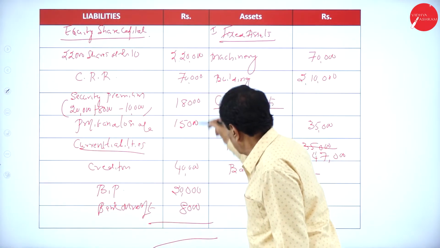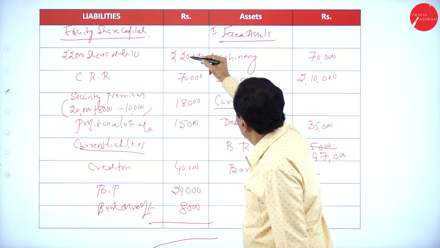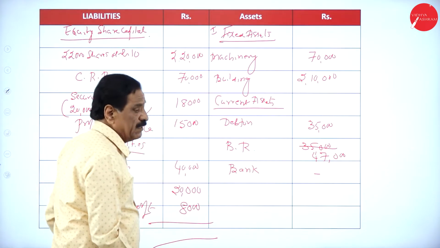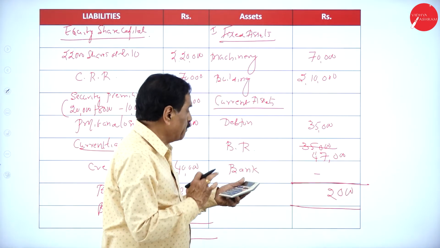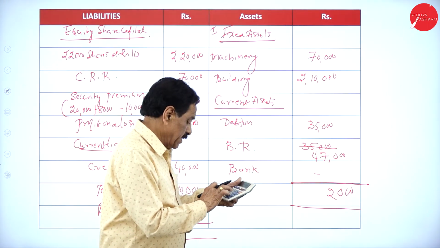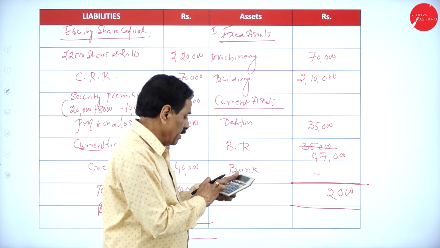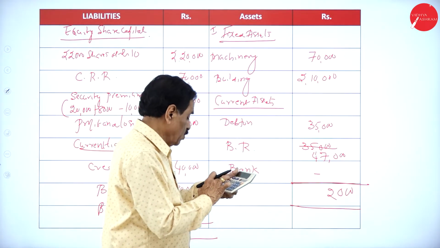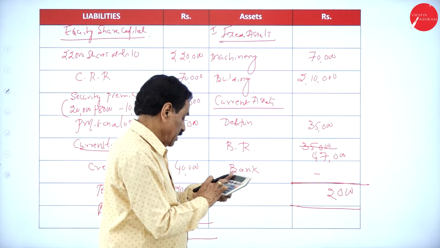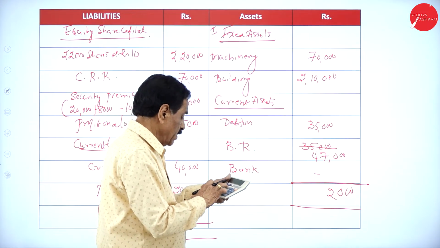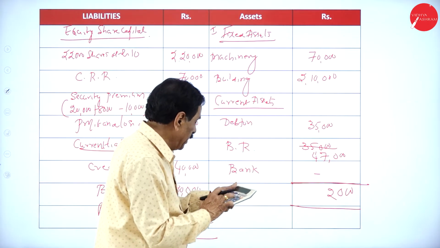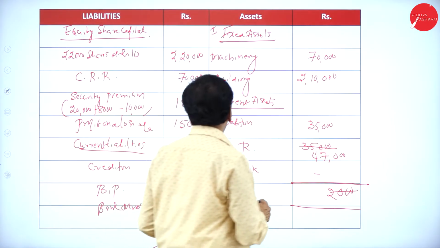Now add the figures here. 2,10,000 plus 70,000 is 2,80,000, plus 35,000 plus 47,000, it comes to 3,62,000.